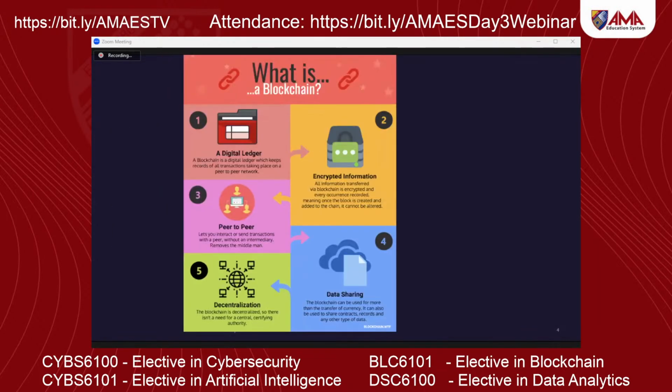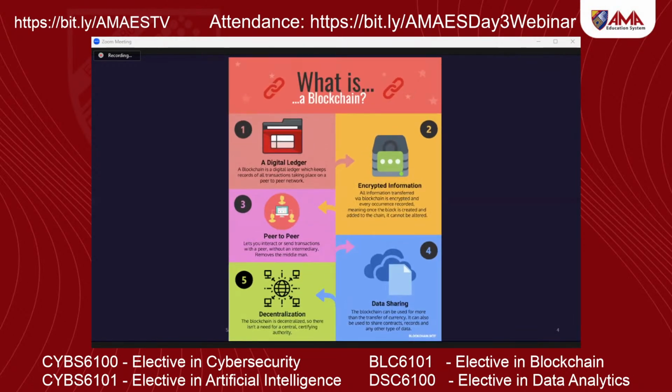Okay, let's go again. What is a blockchain? Another explanation. A digital ledger which keeps records of all transactions taking place on a peer-to-peer network.